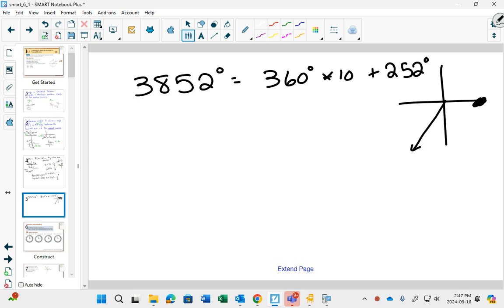Which leads us beautifully into our last definition that we're going to be looking at. Co-terminal angles. And if we use some stuff we know about English, the definition comes together very nicely. Many English words that start with co mean to share. To cooperate, share the work, do things together.